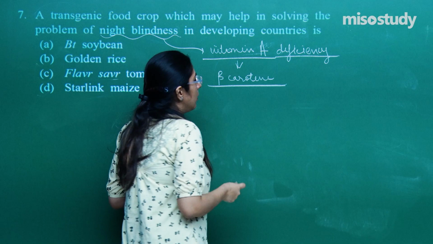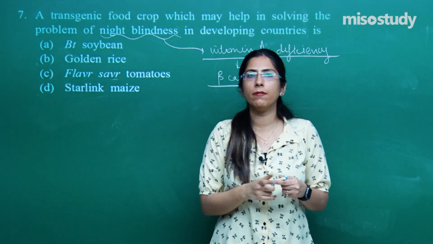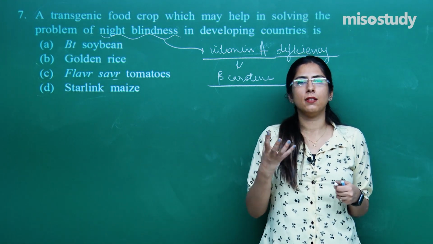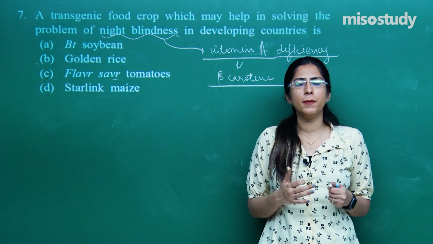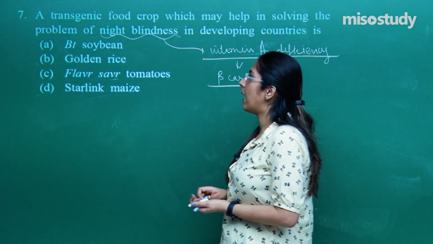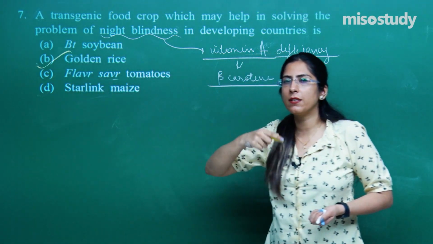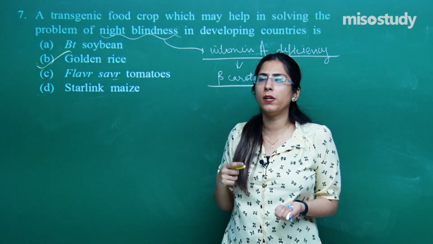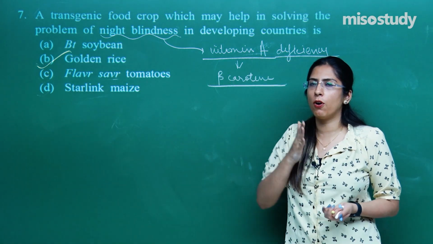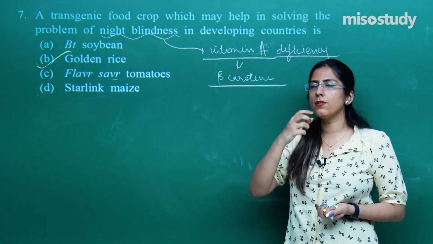Beta carotene. Now, as I've told you, this is the most advanced form in which we insert a gene of interest so that the disease can be prevented. Golden rice is that rice which has a gene for beta carotene. Whenever we consume this golden rice, this vitamin A, in its pro form, is converted into the active form, so that we can use this vitamin.